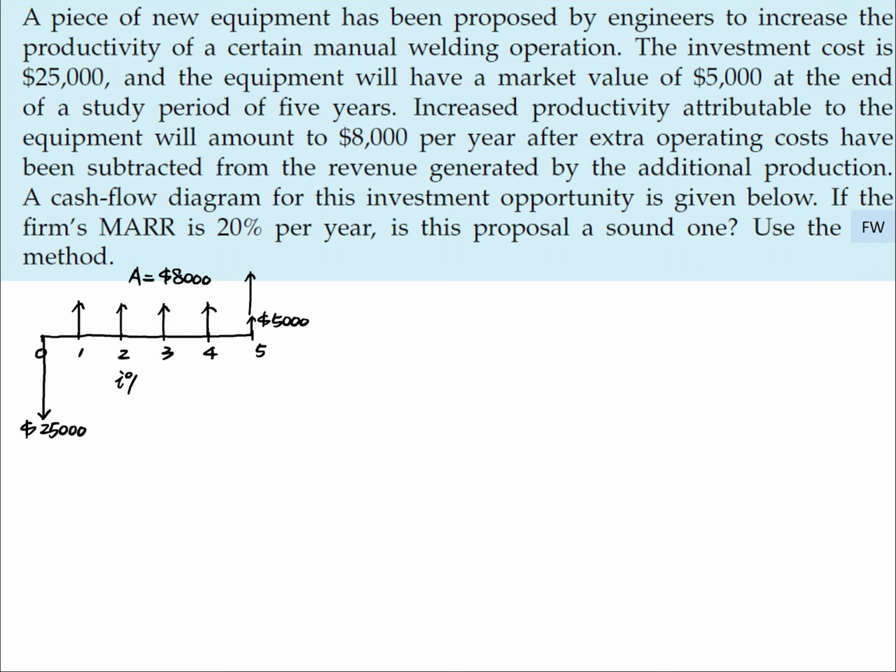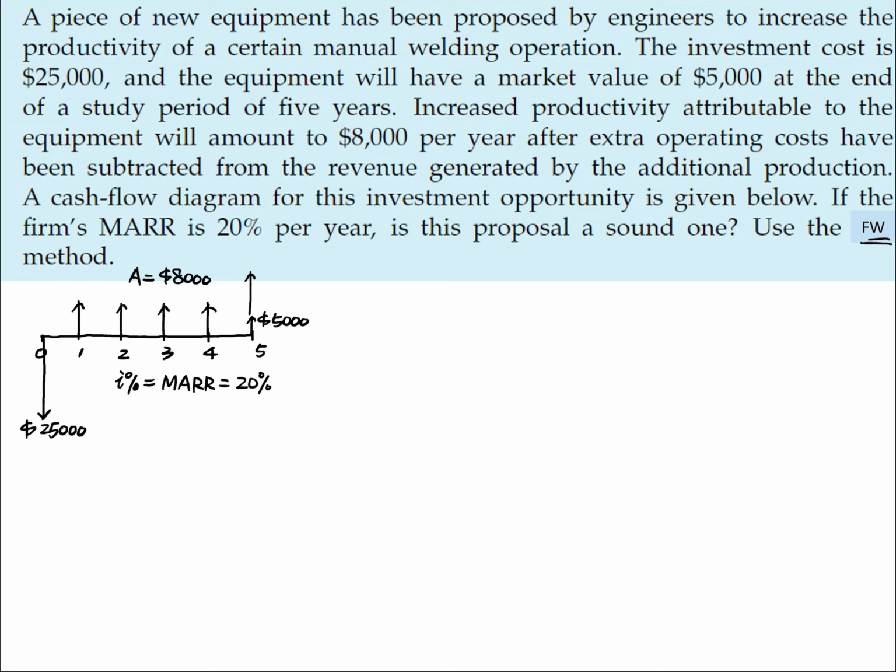Okay, so at the end of the 5th year, that's additional 8,000, and the A is 8,000, and your I% is gonna be your MARR, which is 20%. Okay, that's the diagram. And now let's look at the problem.